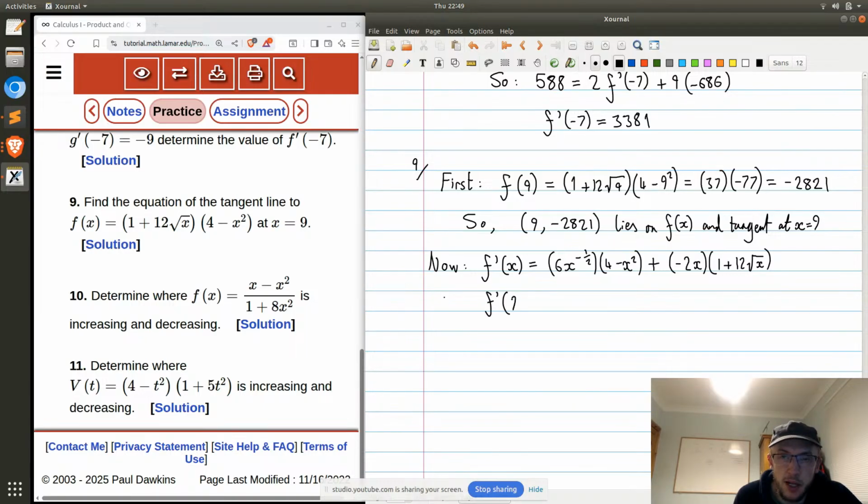Then compute f prime of 9 to find the slope at that point on the curve. And so what is 9 to the negative half? Well, 9 to the half is 3, and 9 to the negative half is a third. And 6 times a third is 2.